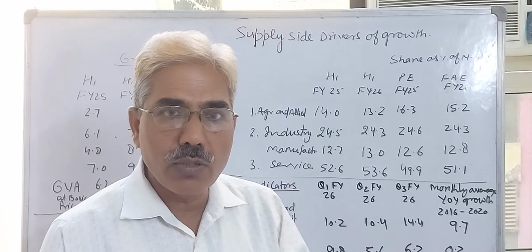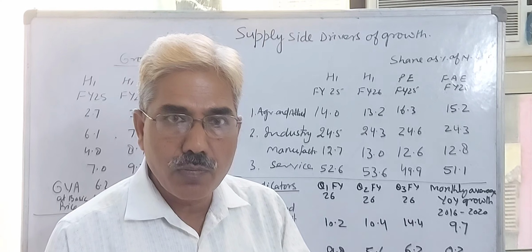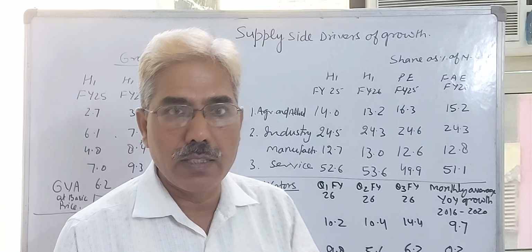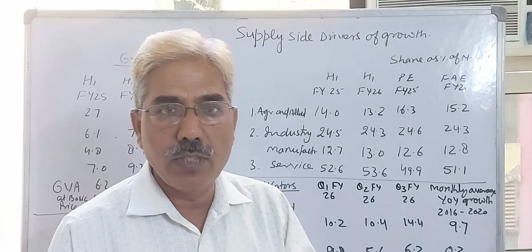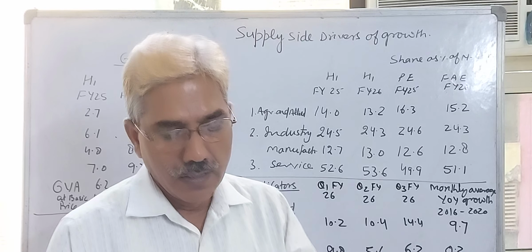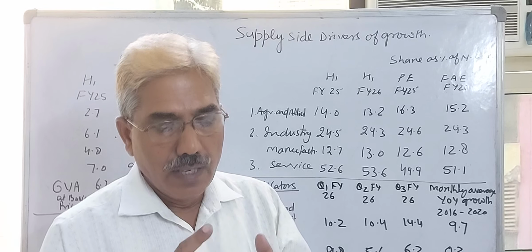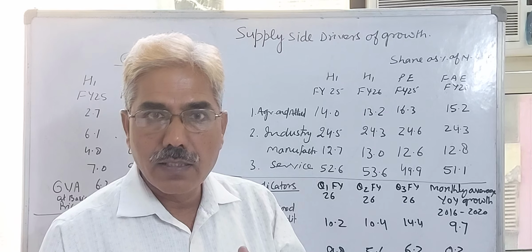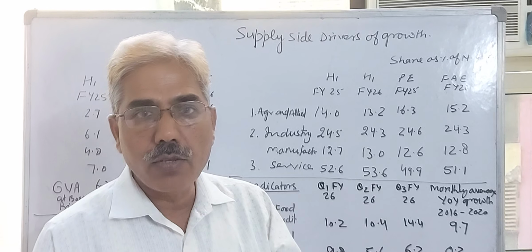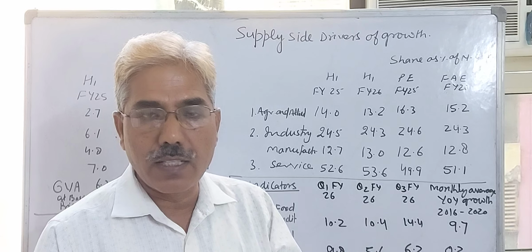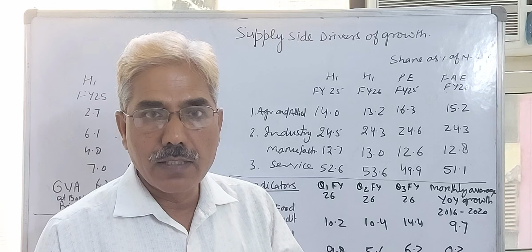When we think about the total output, as you know, the total output or production in our economy is contributed by different sectors of the economy. You can classify them: agriculture and allied sector number one, industry number two, service sector number three. The service sector includes all kinds of services like trade.